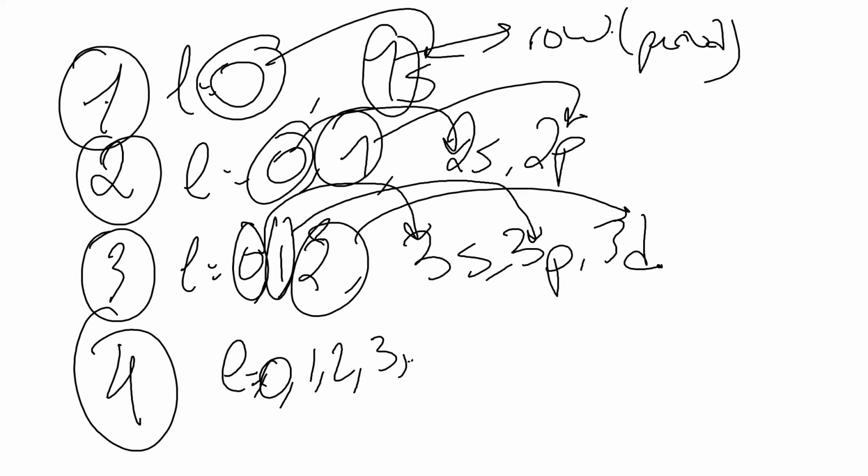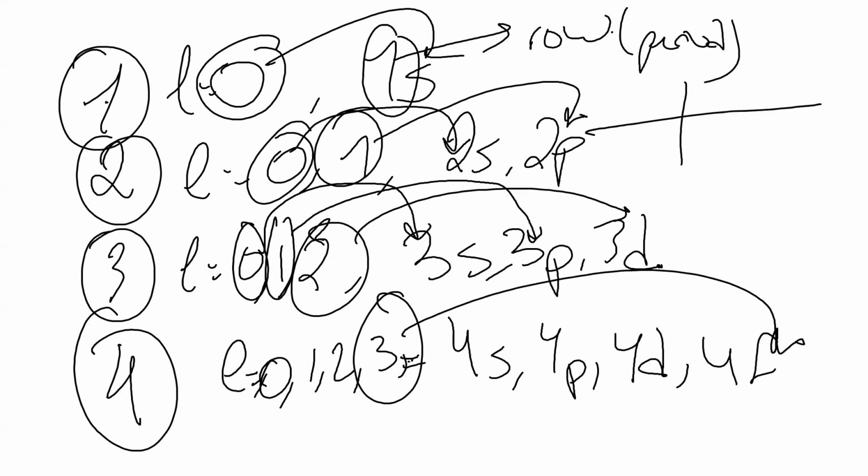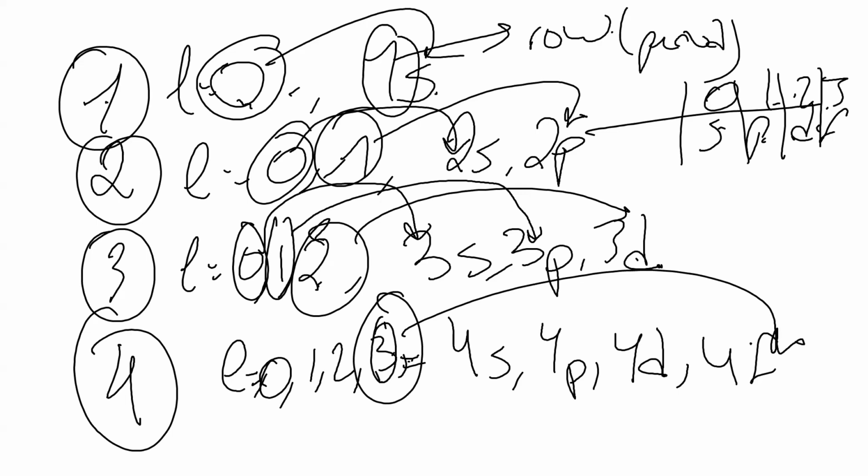Here we're going to have 4S, 4P, 4D, and 4F. Why 4F? Because at 3 we have an F. If you remember when we just drew the chart, we said 0, 1, 2, 3, S, P, D, F. At S we have a 0, at P a 1, at D a 2, at F a 3.